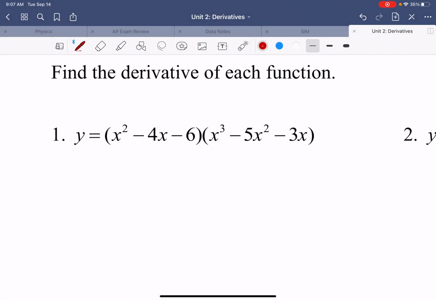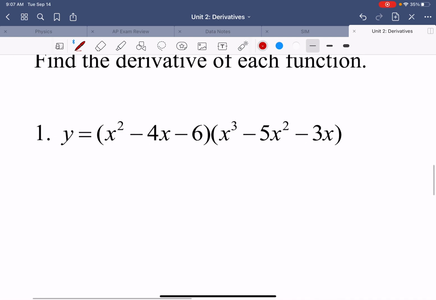So here is number 1. We've got y is equal to x squared minus 4x minus 6. So I'm going to think of that as my f of x, and that's my first function. And then that's being multiplied with x cubed minus 5x squared minus 3x. So I'm going to think of that as my g of x, otherwise my second function.